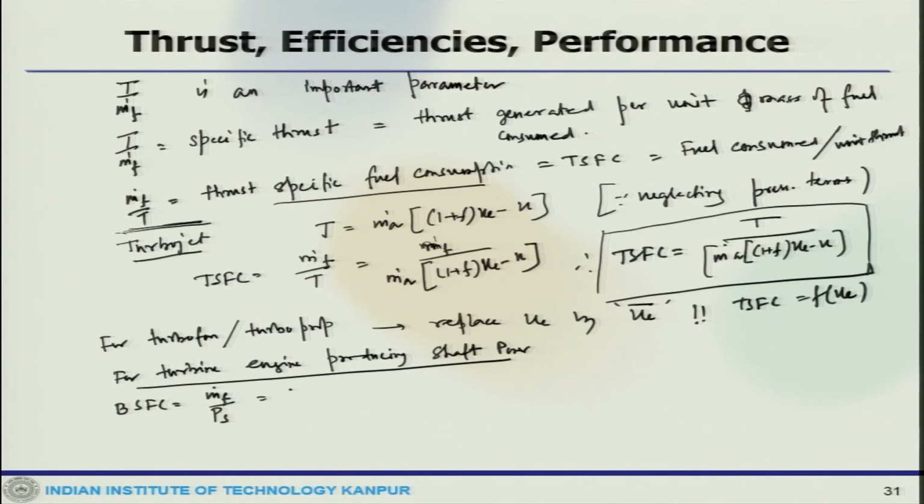This is fuel consumption per unit of shaft power, to consider the thrust produced by hot gases also.